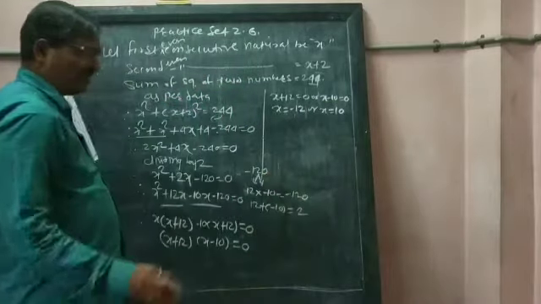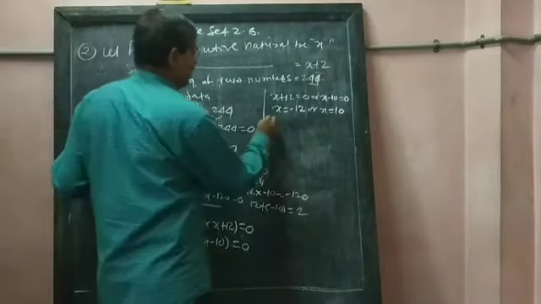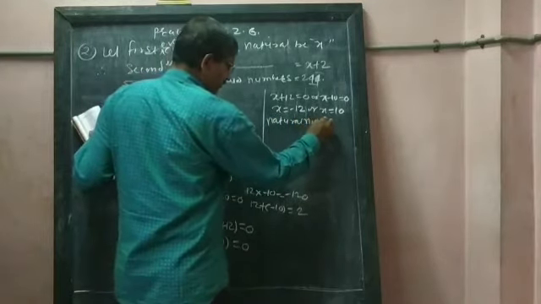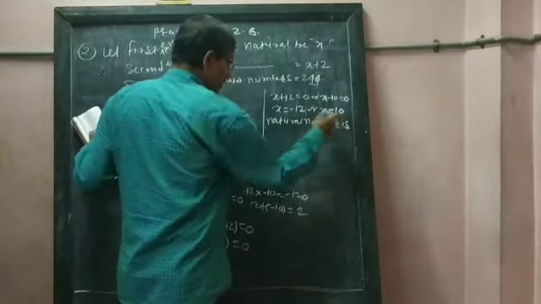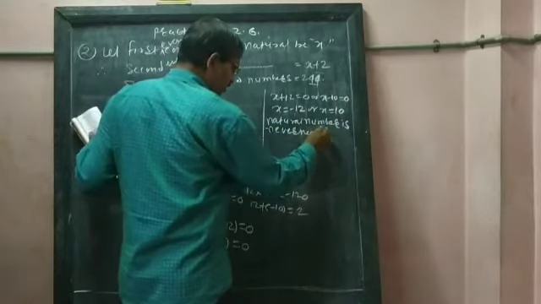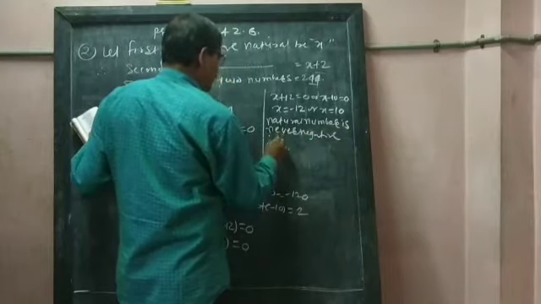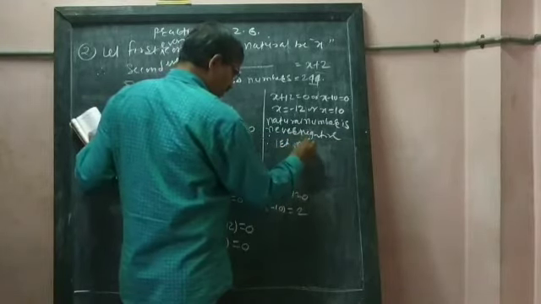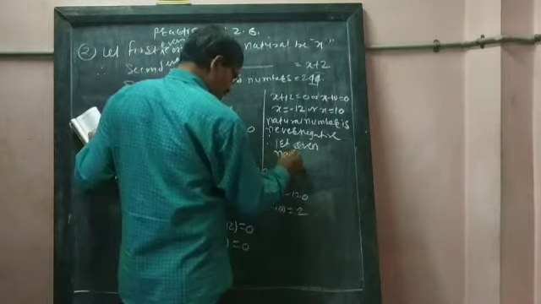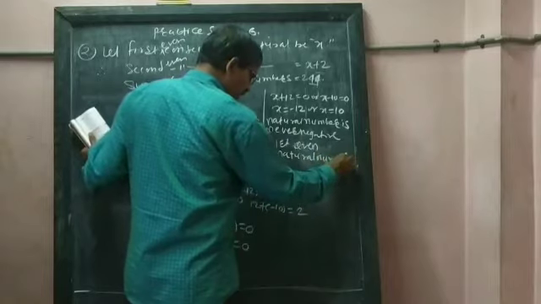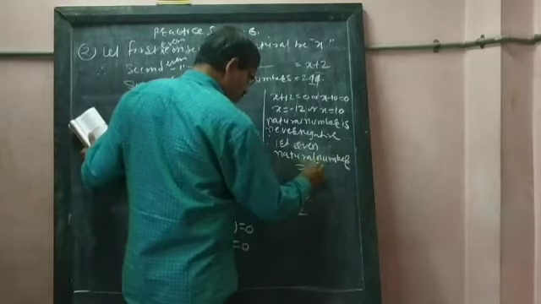Then a natural number is never negative. You may write here, natural number is never negative. Therefore the first even natural number is equal to 10.